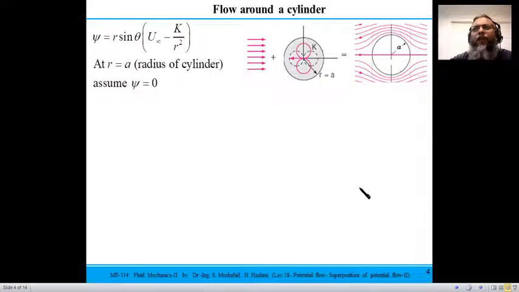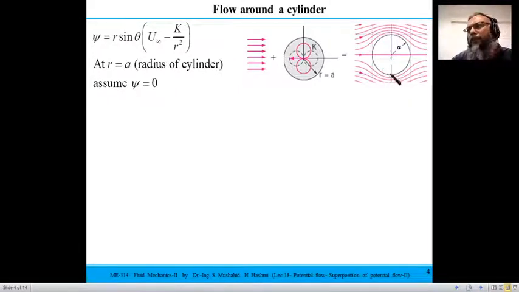Let's say this is the stream function for this flow pattern when r is equal to some distance, which we call the radius of the cylinder. So we assume that there is a streamline which acts as a solid body, and we are assuming a value of the stream function at that boundary.